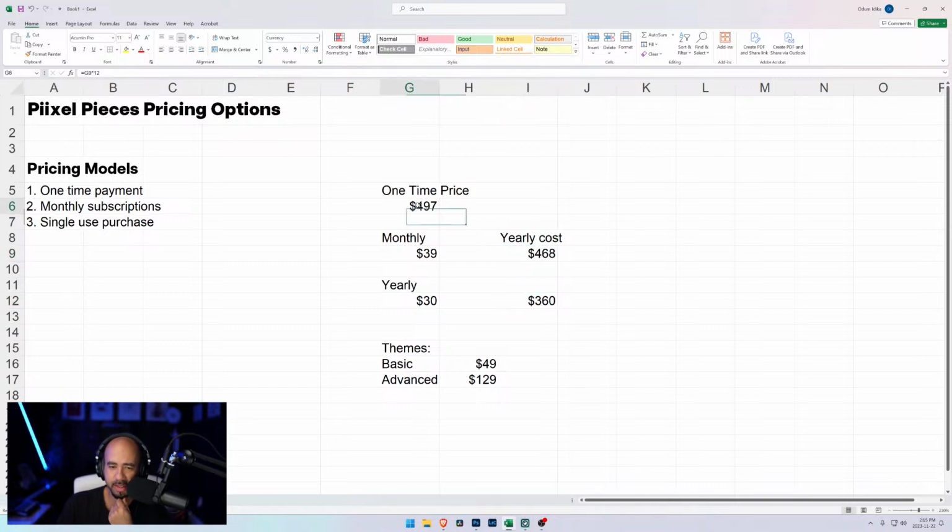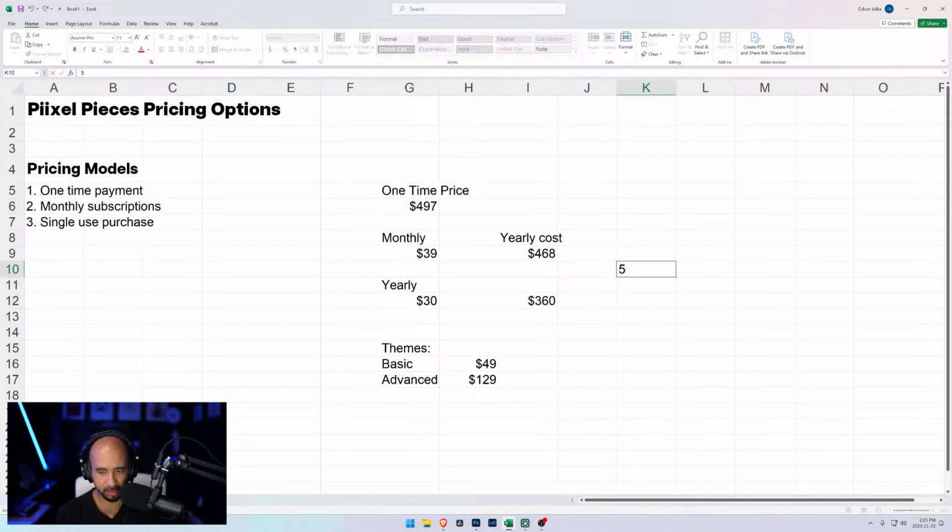So then the idea is if you can have a one-time price, if you look at, what's 500 divided by $30? That's 16, which is 12 months. 18 months is a year and a half.